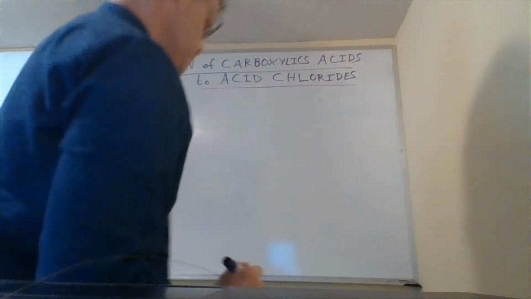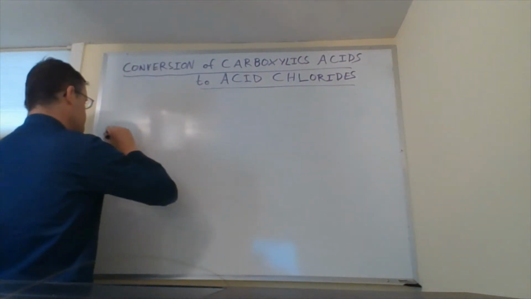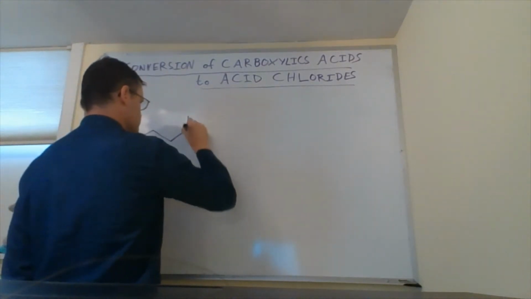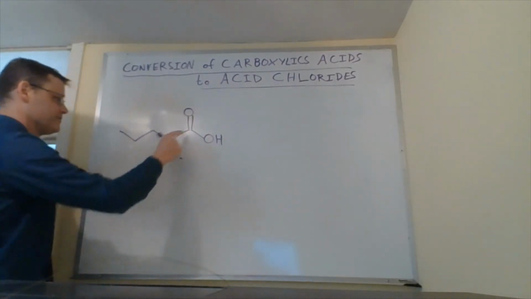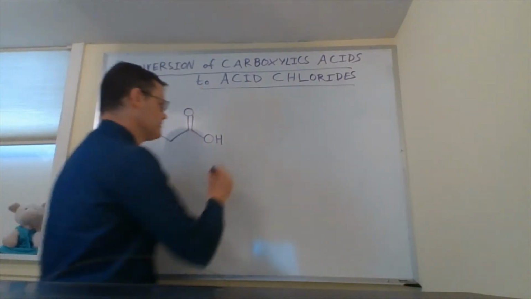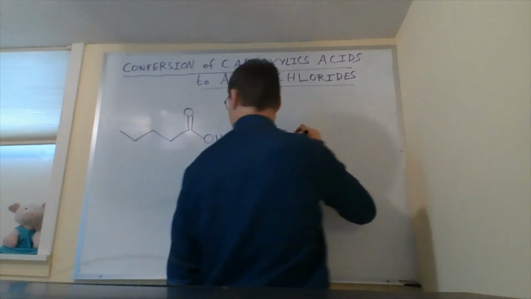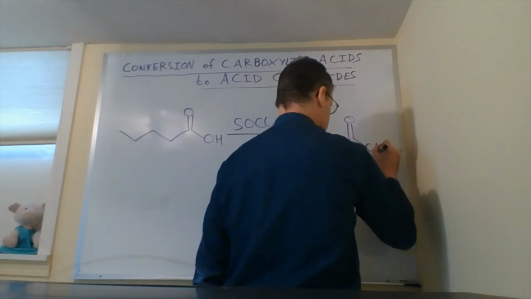Just like when we were using thionyl chloride with alcohols, we're replacing the OH with the chlorine. So I can think of your favorite carboxylic acid here, maybe it's pentanoic acid, and I can take thionyl chloride and just substitute that hydroxy group with the chlorine.